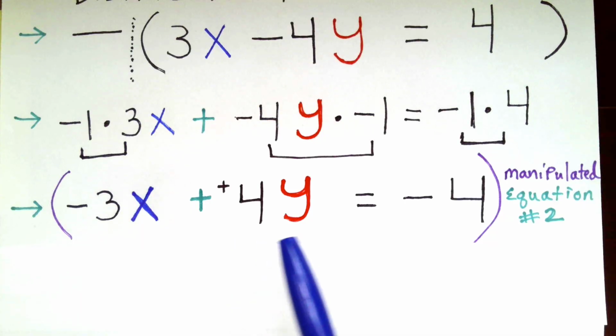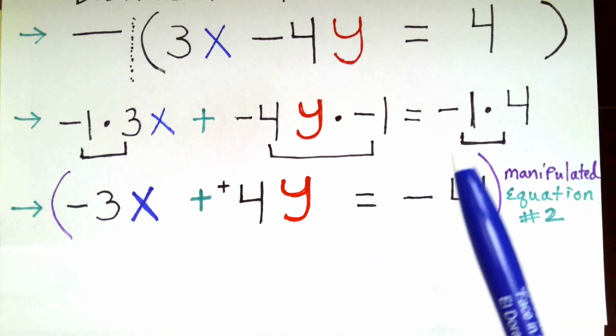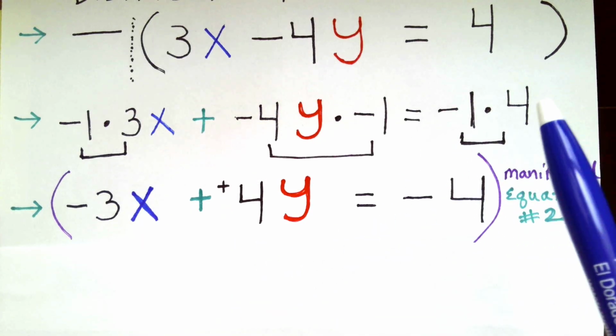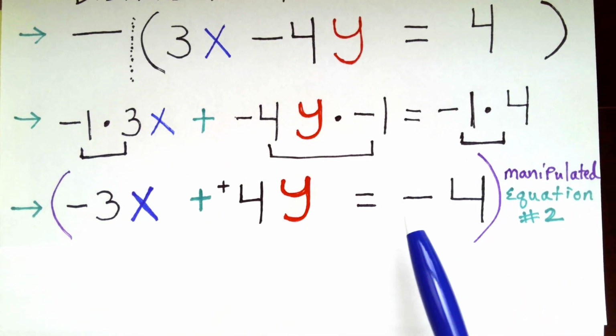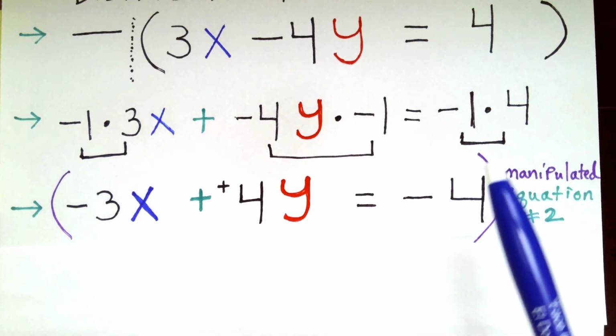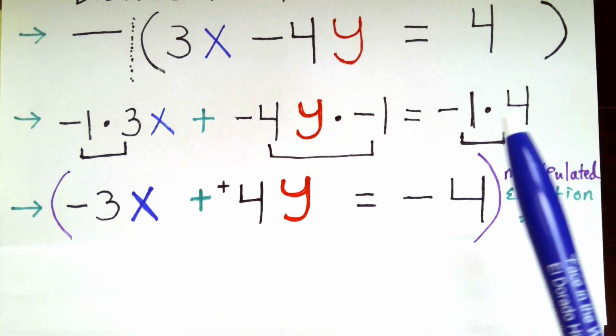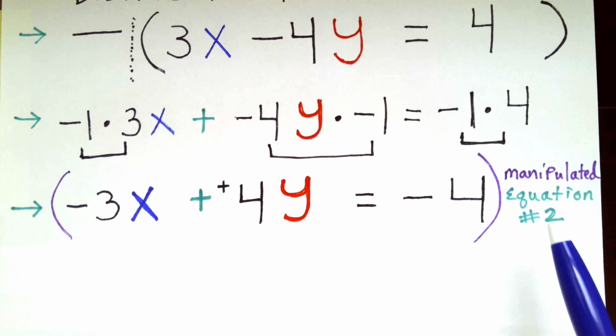The y is attached through multiplication. Equals -1 times a positive 4. When you multiply a negative and a positive, you always get a negative, and 1 times 4 is 4. So this is our new manipulated equation number 2.